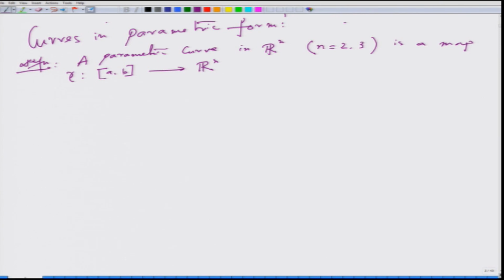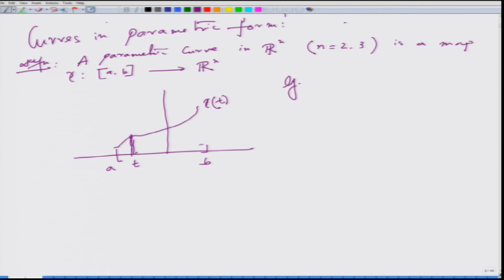So, this interval can sometimes be open and sometimes closed. Suppose, let us say in R^2, here is my interval [a, b], and I have a function which is defined from a to b, gamma(t). So t is here, for each point I draw the graph and I get a curve gamma(t).